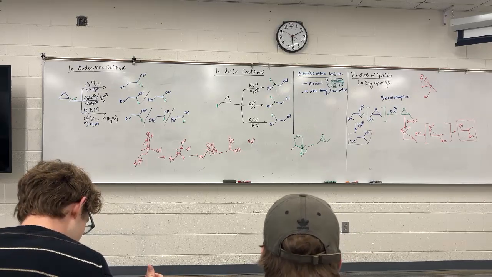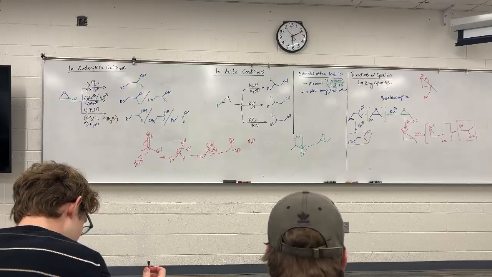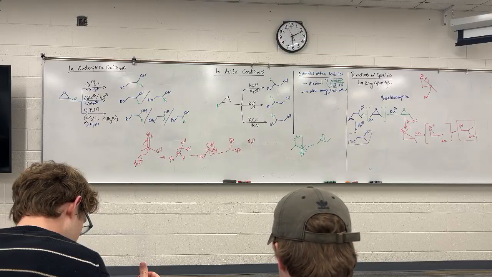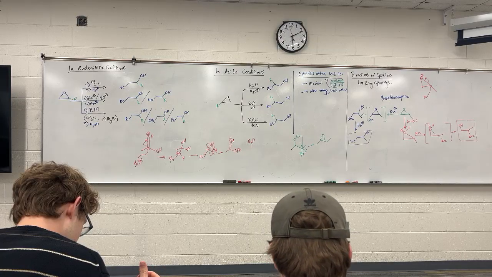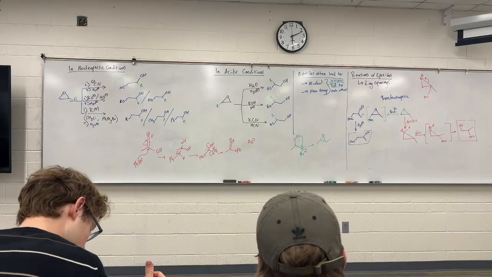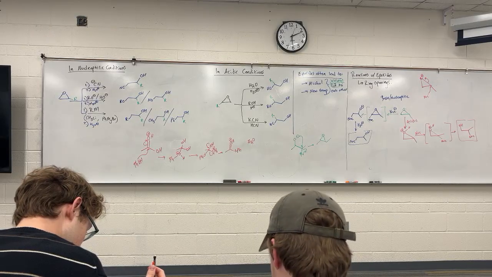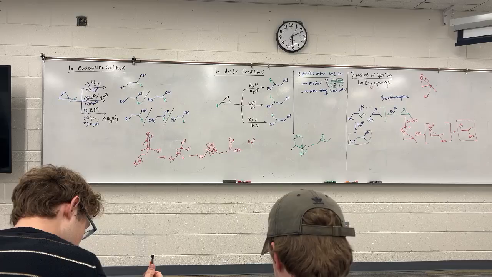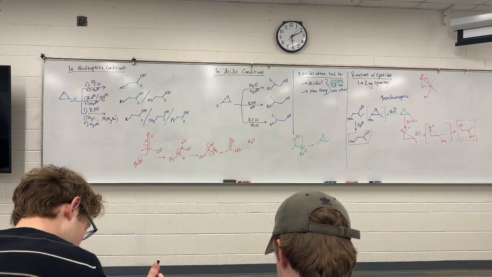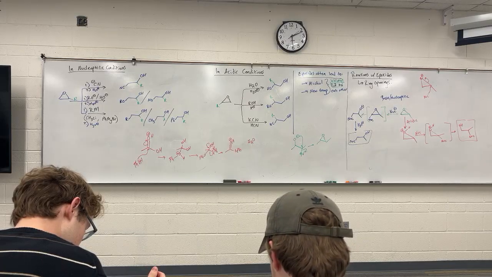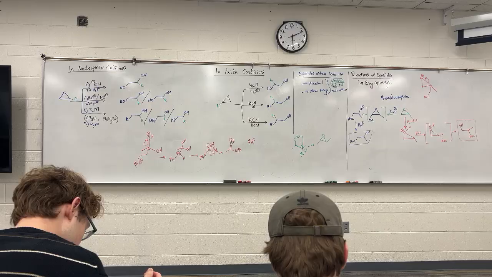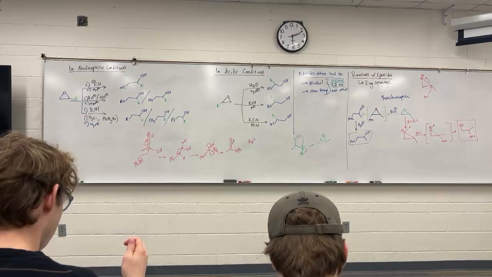We actually could do it with PBr3, like we do with the alcohol, but then it looks like you're proposing EAS, but this is not an aromatic ring, so EAS is not going to work. Okay.